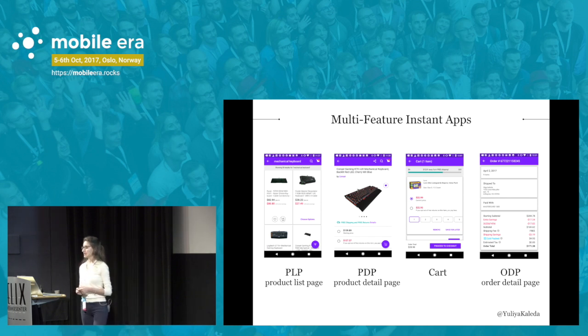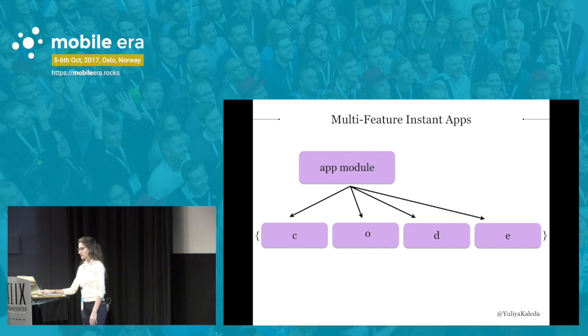Then there is a PDP, or product detail page, which is responsible for providing detailed information about specific products. Then there is a cart, which takes care of the checkout process. And there is an order detail page, which summarizes the most recently placed order. So all of those features are feature modules, and they exist independently.